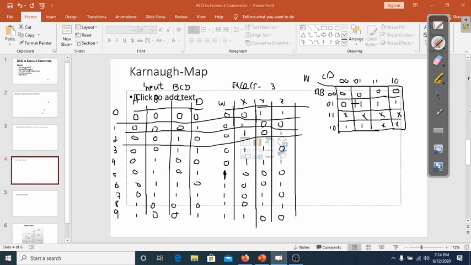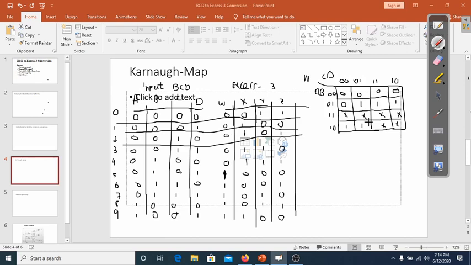We already know from our previous lecture that don't care conditions can be used to simplify the expression. Otherwise we don't use them in the circuit.